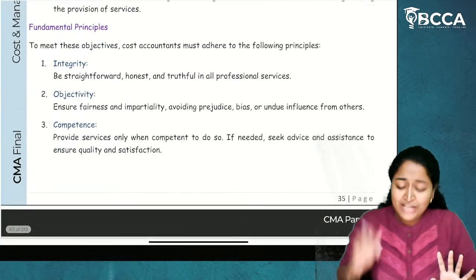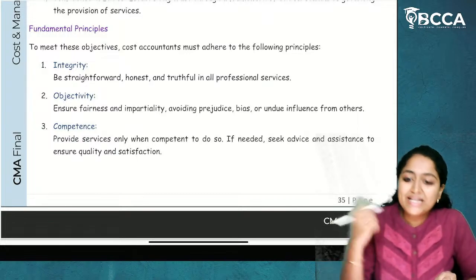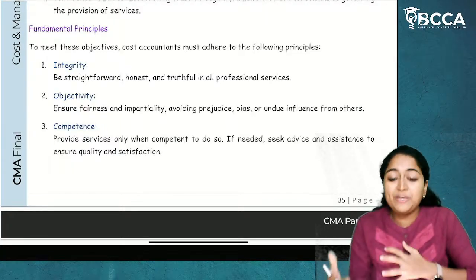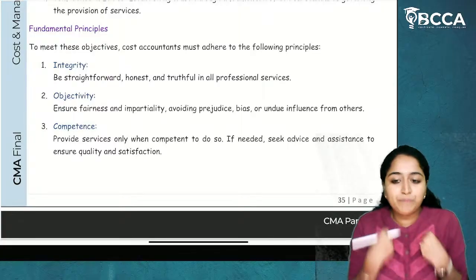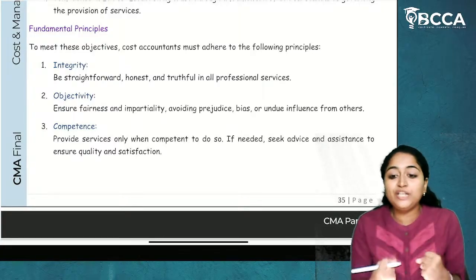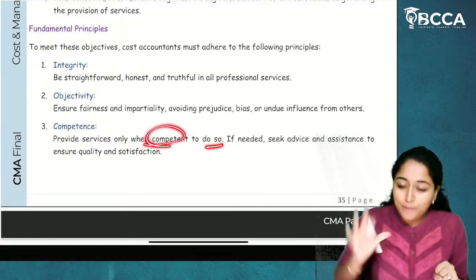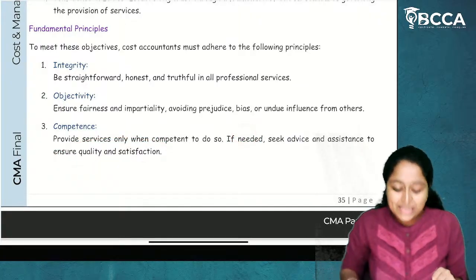If you want to do it but don't know how, seek advice from your seniors and experienced professionals. After getting yourself prepared and feeling competent, do it. Provide services only when competent to do so. If needed, seek advice and assistance to ensure quality and satisfaction.